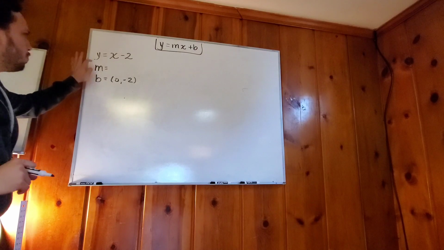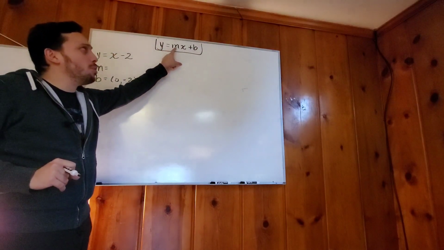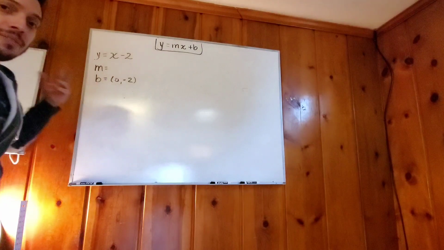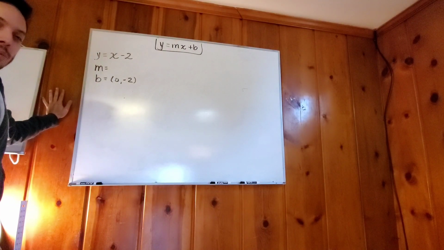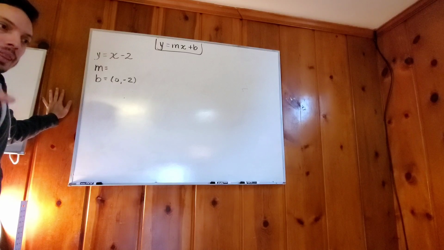Now, slope. What is my slope? My slope is the number in front of my x. X is a variable. Now remember, I told you when I was telling you about polynomials that all variables have 2 things.